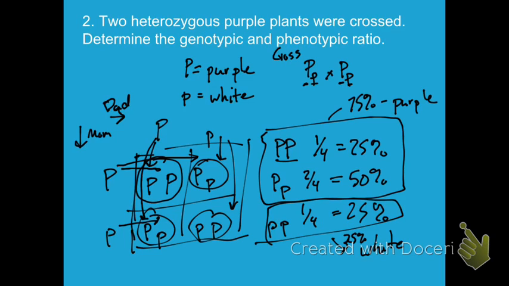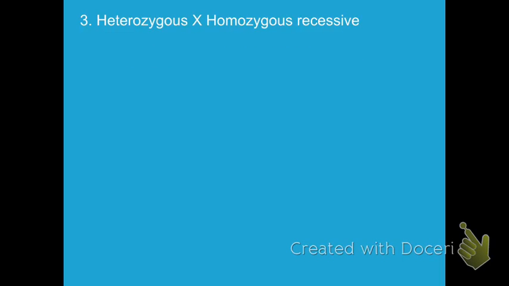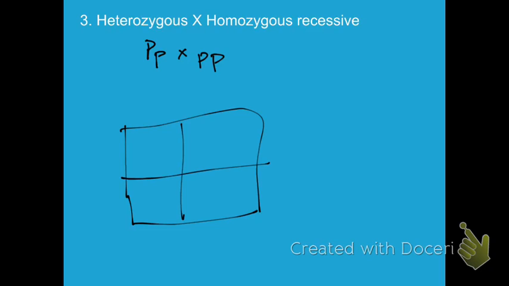All right, so try the next one on your own. I'll just do the example. So we have a heterozygous and homozygous dominant. So we have big P, little p, like that, right? And so now we're going to create a Punnett square.